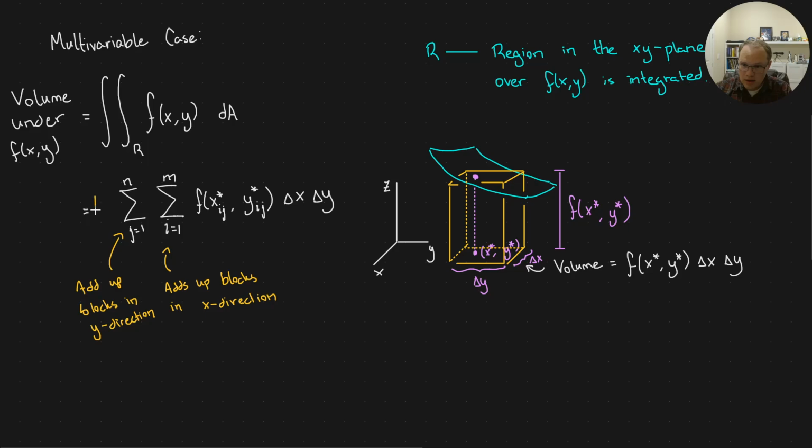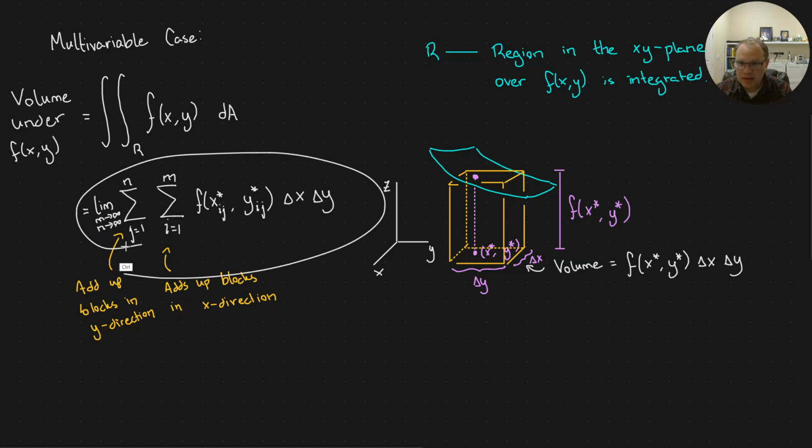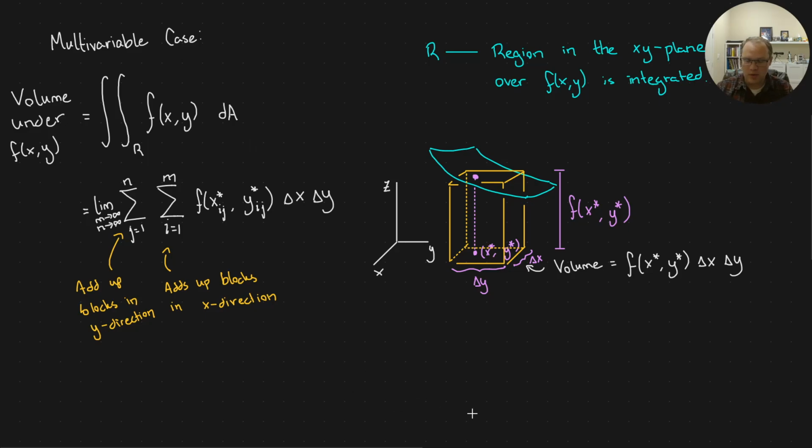So if we take the limit as m and n both go to infinity, let me write it this way. As m goes to infinity and n goes to infinity, then this limit will exactly equal the integral.